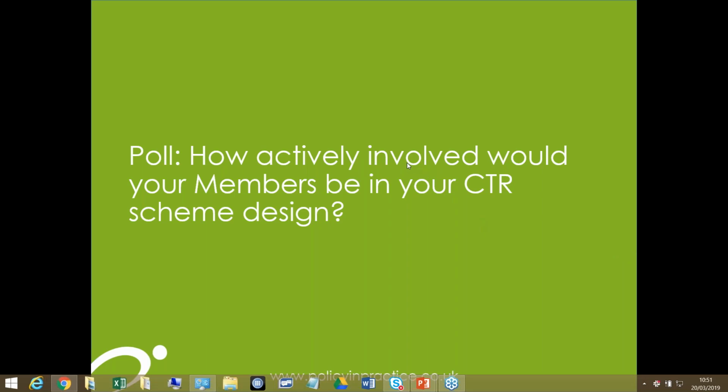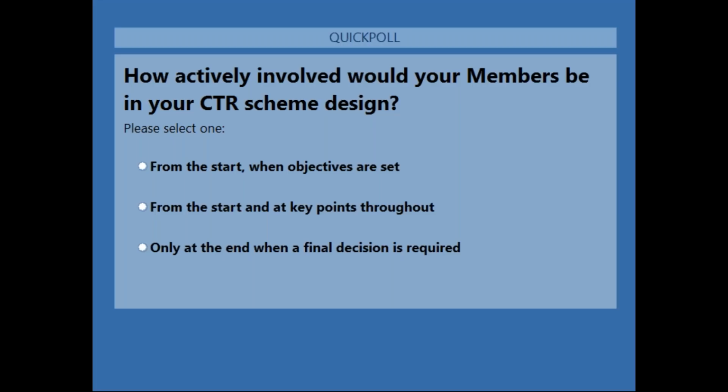What we've got here now is the opportunity to put another poll to you for the interaction. This time we're asking, how actively involved would your members be in your CTR scheme design? If I just launch that poll, hopefully you can see that on your screen now. Just one of three options to choose from.